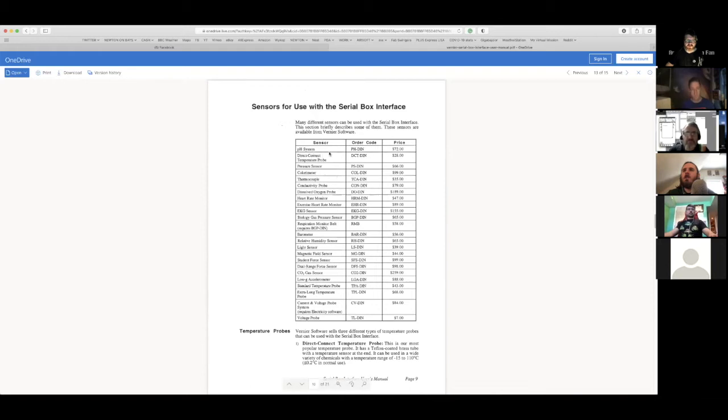So pH system, temperature, pressure, colorimeter, thermocouple, conductive probe. Yeah, a lot of probes. Thermocouple is a kind of temperature sensor. EKG sensor even. I could use that.